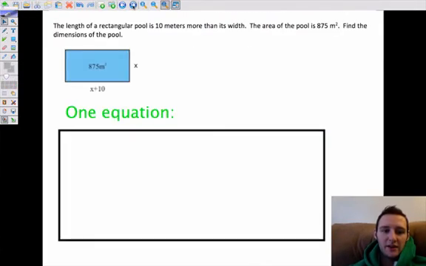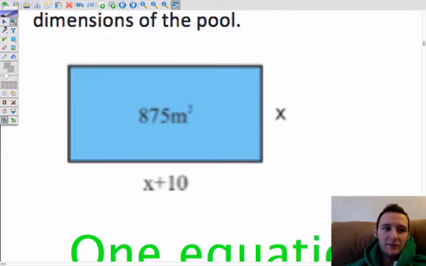Your next example: the length of a rectangular pool is 10 meters more than its width. The area of the pool is 875 meters squared, so find the dimensions of the pool. It's going to help you to first look at this drawing. I realize now it's really blurry, my bad.